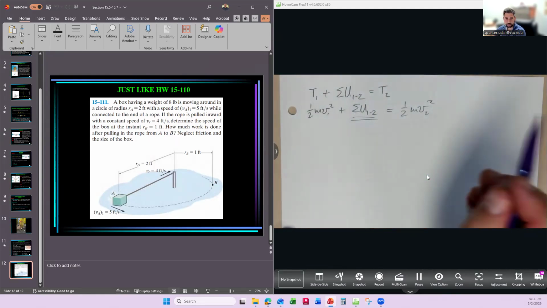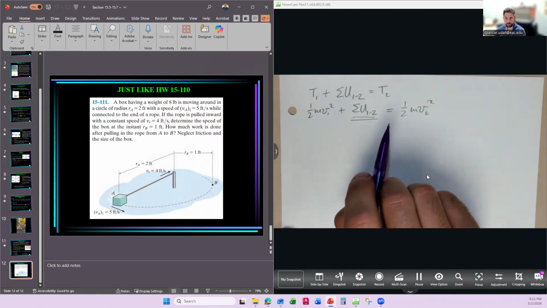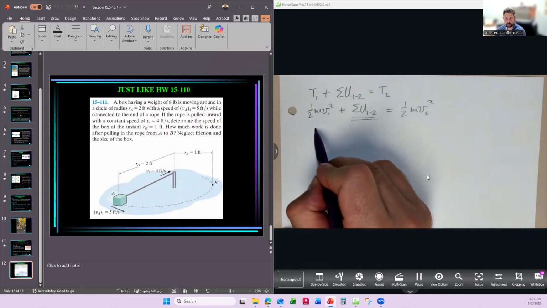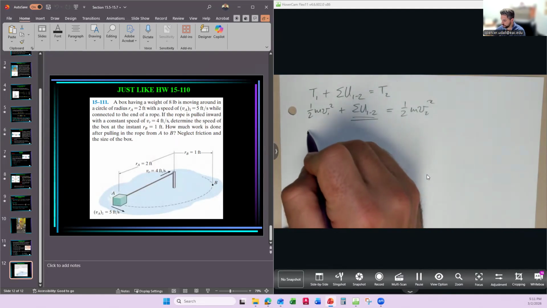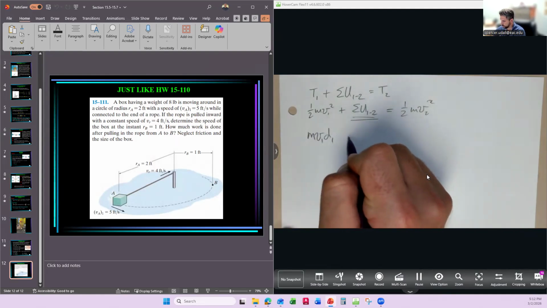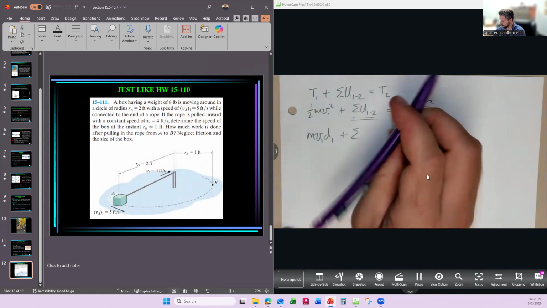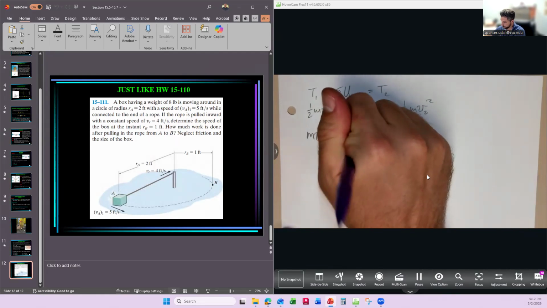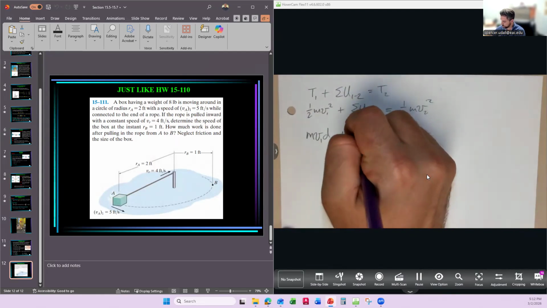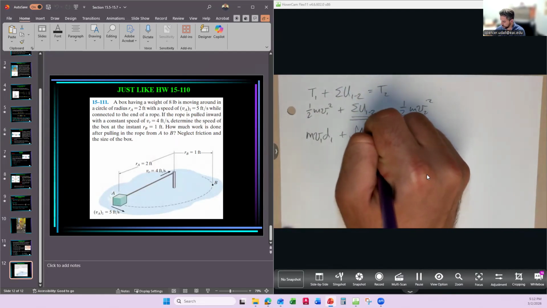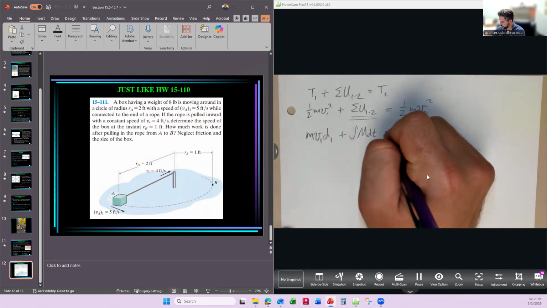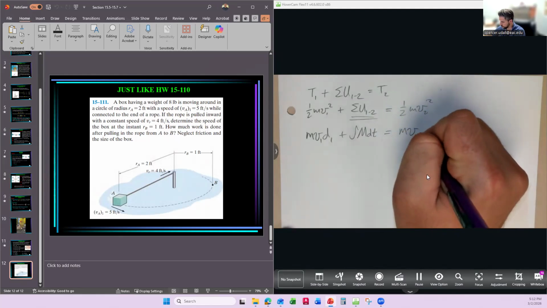We know its mass. So we could go and solve for that using our momentum equations. So if we're going to do our angular momentum, mv1 d1 plus whatever change in, and I should make that an integral, the integral of moment times time, M dt, equals mv2 d2.